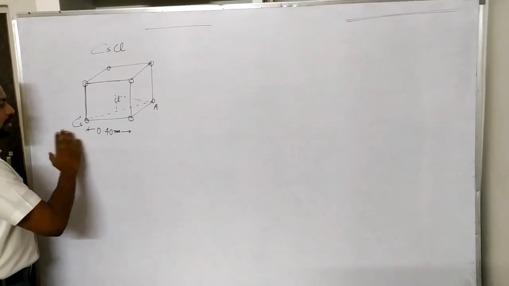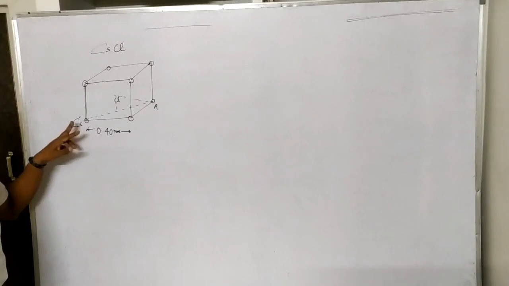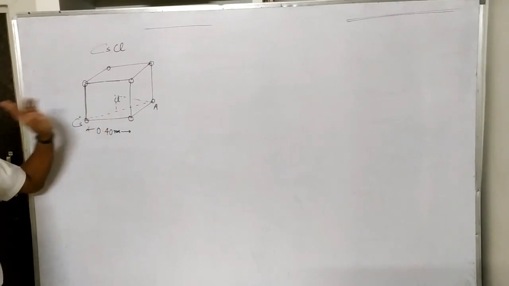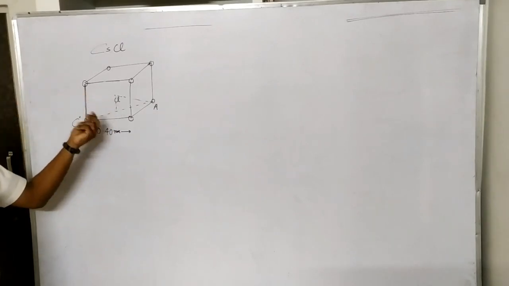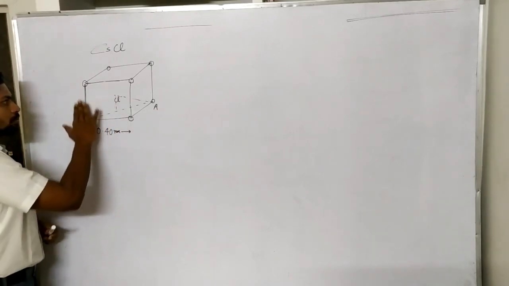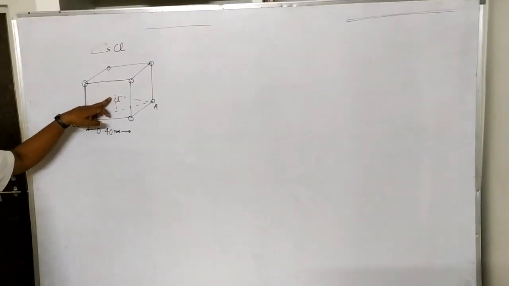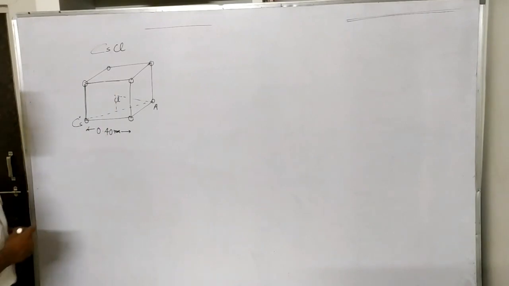So in the question they are given that a cesium atom generally has a deficit of electrons, and the chlorine atom has a gain of electrons. It has some excess electrons. So this is a negative charge and these are positive charges. So the first part is we have to find out what is the electric field at the chlorine ion.